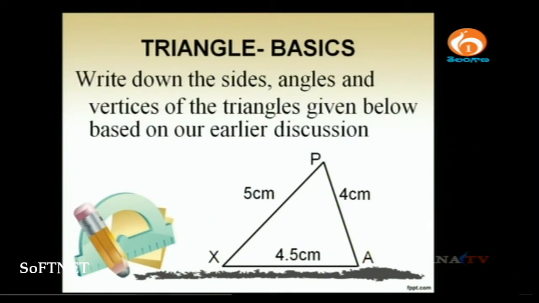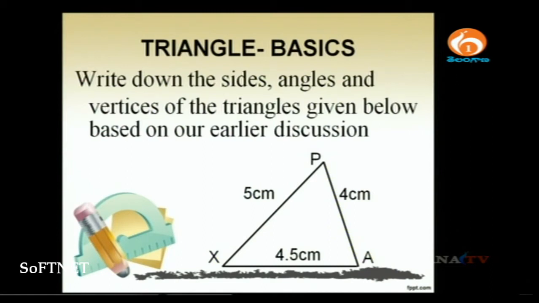Till now we have discussed some basics of triangles. Here you are looking at a picture. There is a triangle and the lengths of the sides are given in that triangle.